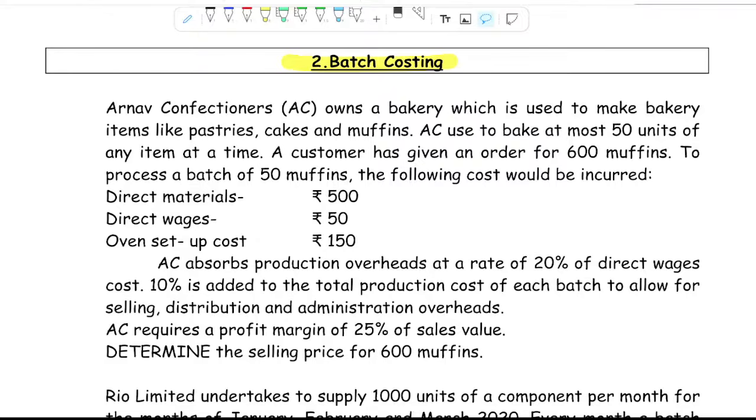अर्पित, नहीं. Krish, right answer. How much you will charge for 600 muffins?